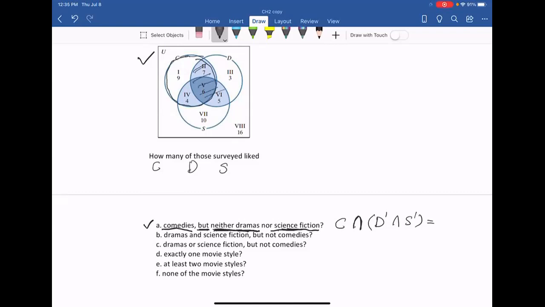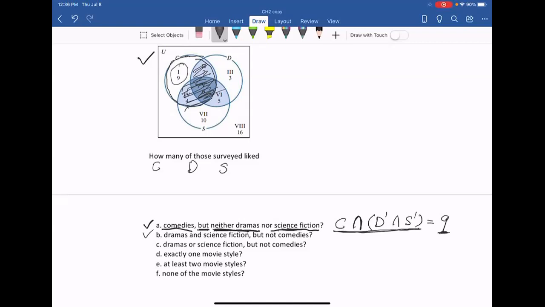No, I don't want this part, because this region is drama. I also don't want this part. This is the science fictions. The only part I want is region 1, which is 9. Even if you don't write the expression, you can find the number. Understanding the question is totally fine.